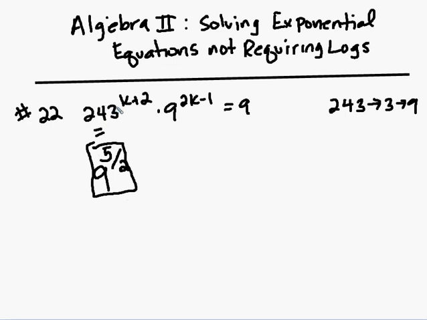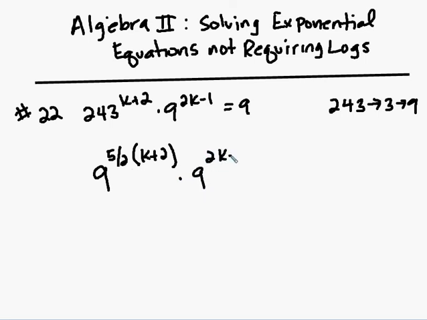So I can rewrite 243 in terms of 9 by adjusting the exponent from 1 to 5 halves. So I'm going to write this as 9 to the 5 halves. And remember, I'm still multiplying this by 9 to the 2k minus 1, and it is equal to 9, which is the same as 9 to the 1.